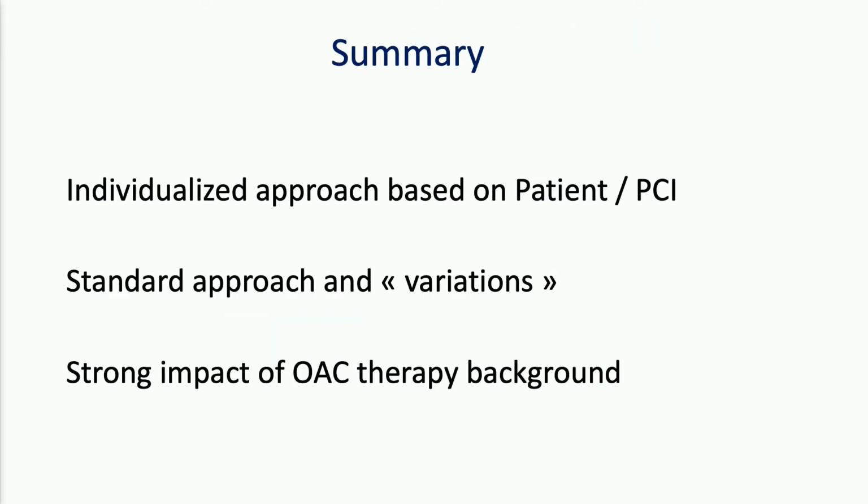So just to summarize, we can say that today, to try to make it simple, we need to have an individualized approach based on patient and PCI characteristics. And we have the rule, let's say the standard approach, but often we also have variation from the rules. And as we've seen, there will be a strong impact of oral anticoagulation therapy background.